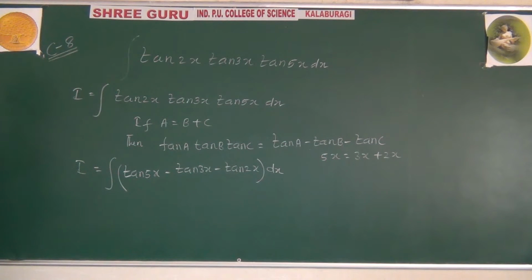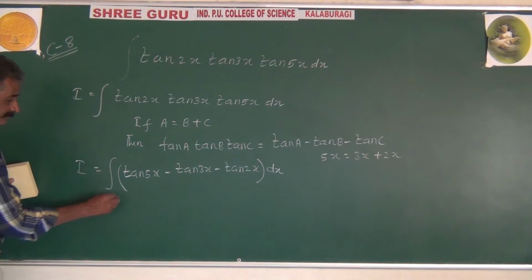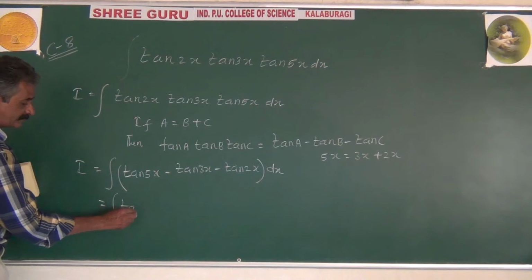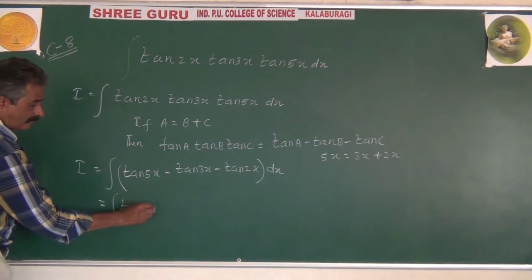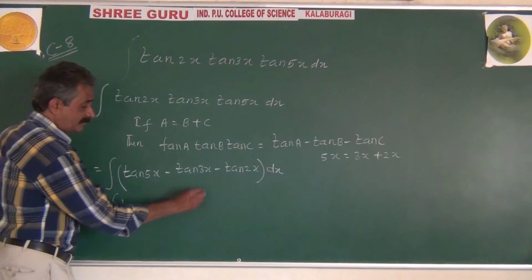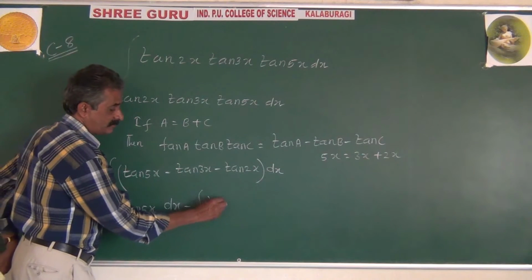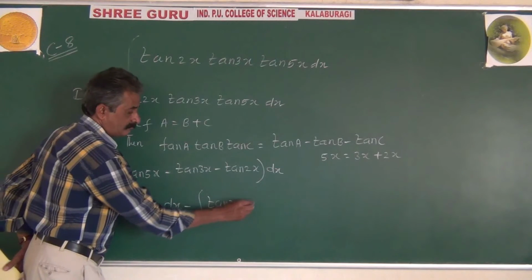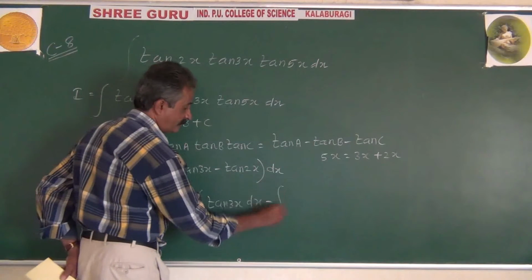Observe that formula and try to keep it correctly in memory. Now we can take the integration. First one, integration of tan 5x minus integration of tan 3x minus integration of tan 2x.